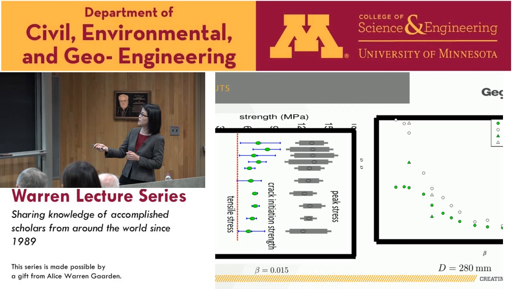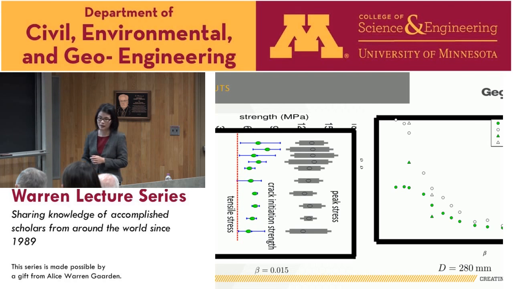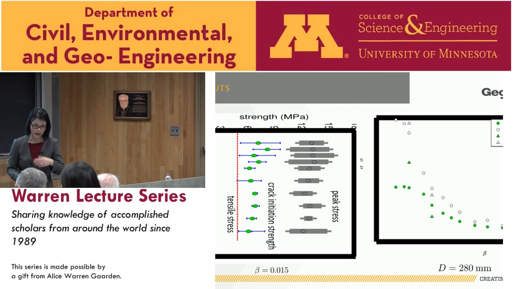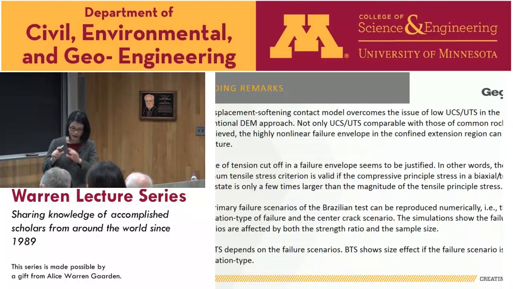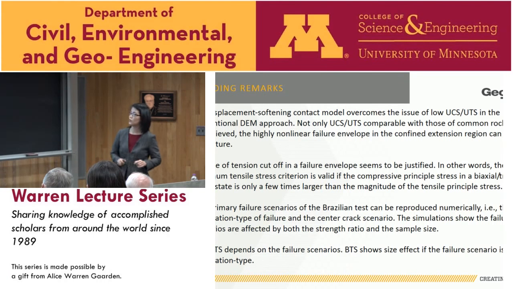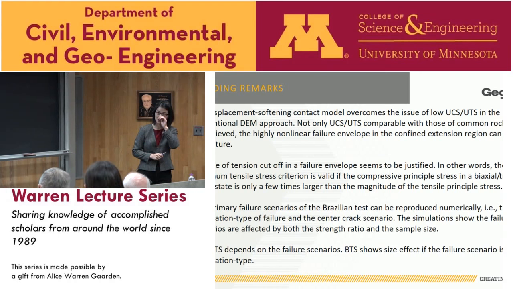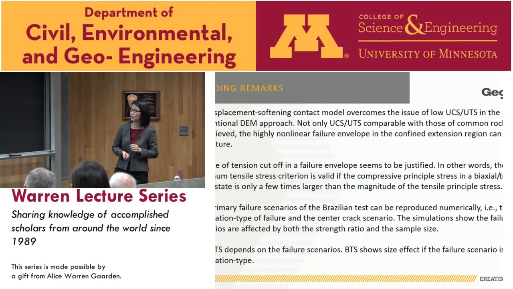And one means they agree with each other, and that's here. So the Brazilian test in the numerical simulation either underestimates or overestimates the tensile strength. It's only a narrow band with a suitable diameter that would give you the proper measure of the tensile strength.